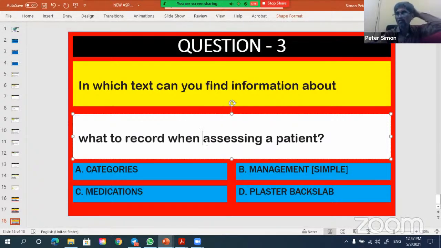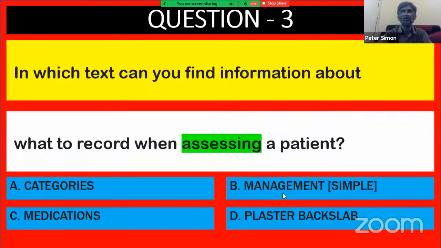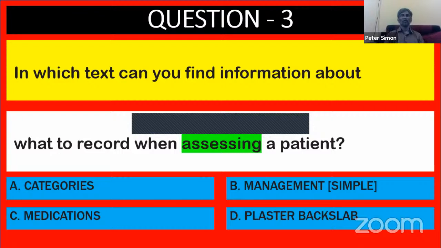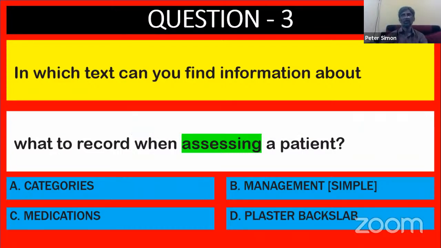Assessing is the keyword. Based on the word assessing, you have to get the answer. Take the word assessing and analyze. Assessment, where will it come?